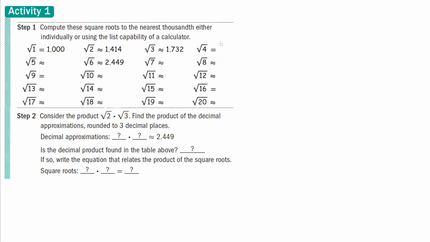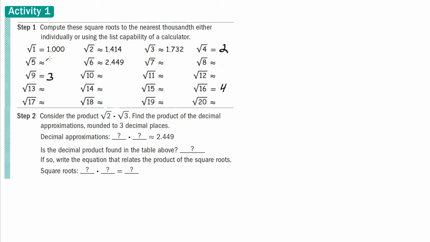Well, some of these I'm pretty sure I know. Square root of 4 is 2. Square root of 9 is 3. The square root of 16 is 4. I think that's all that I know off the top of my head. Oh, we did root 5 in the last lesson.